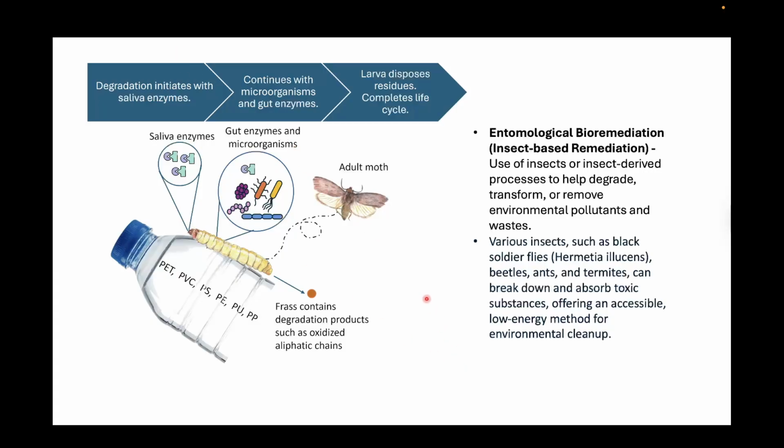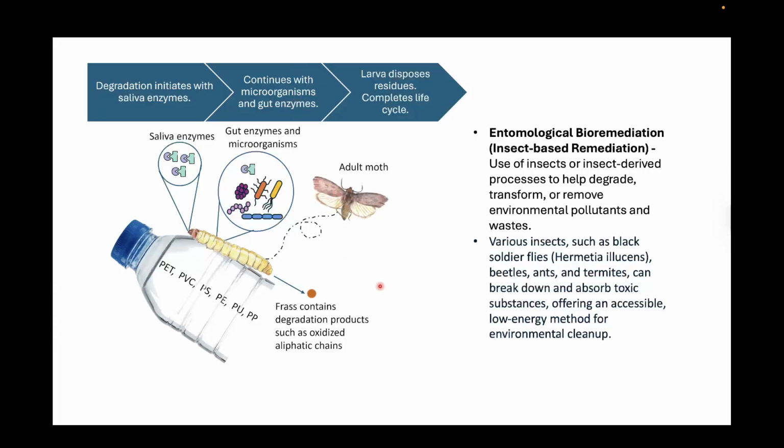So here is an example of the plastic eating, wax eating moth. Degradation initiates when the wax eating moth lays eggs onto the plastic. The caterpillar degrades the plastic with salivary enzymes, and gut enzymes and microorganisms digest it when it is ingested further inside.